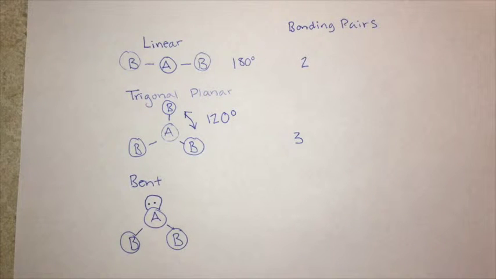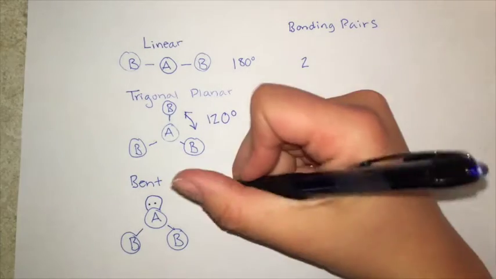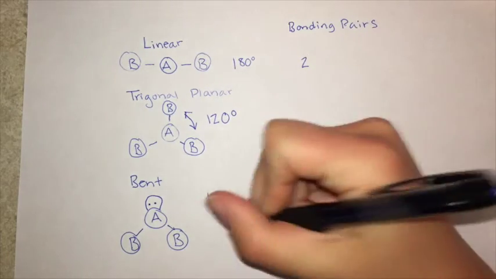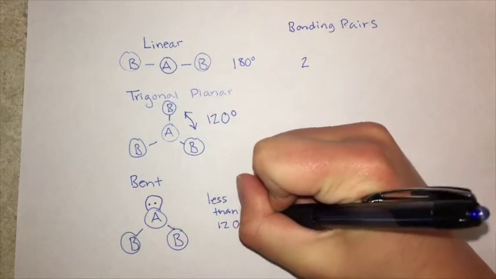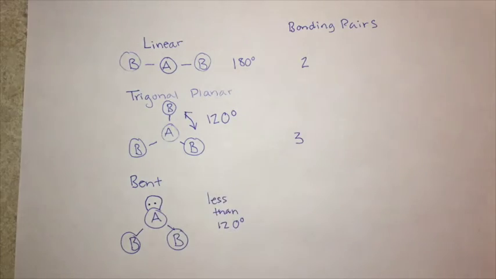I don't have a 3D picture of it exactly, but this is what it's going to look like. And then the angle is going to be less than 120 degrees because the lone pair is going to push these down a little farther.